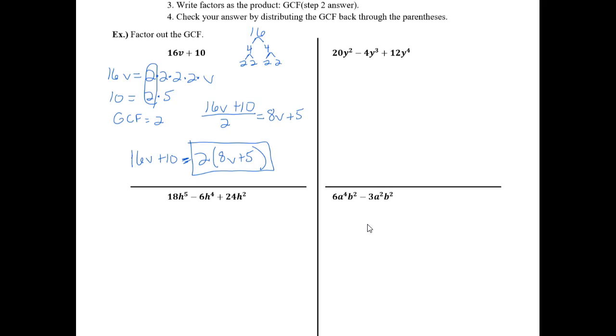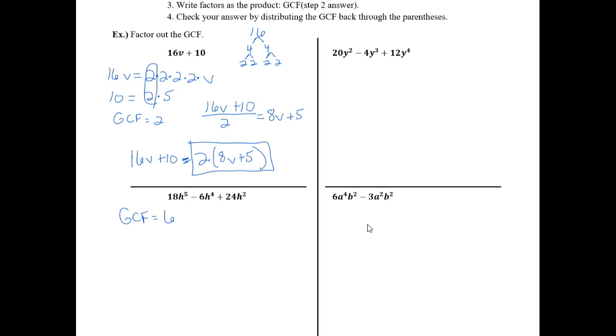So if you can't recognize the GCF, you should factor them. If you can just look at all the numbers and say, well, I know that 6 will divide into each one of those. So GCF. 6 is the biggest number that will divide into each term. I also have to consider the variables.